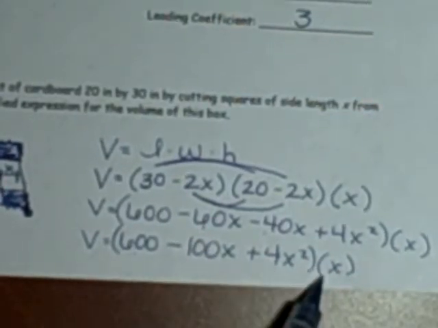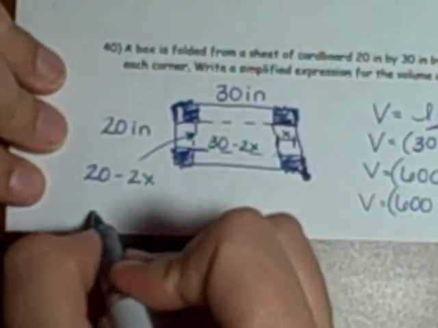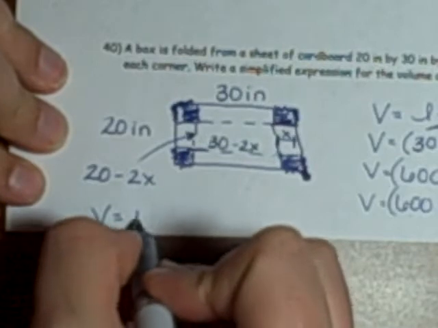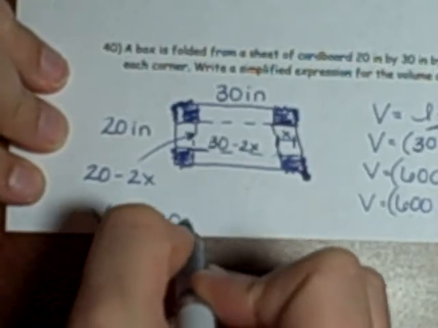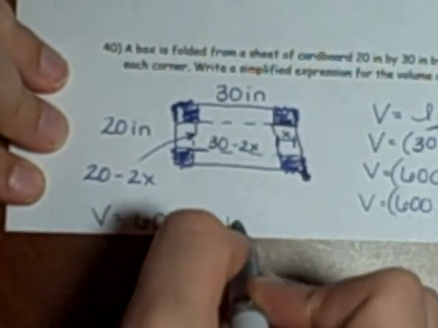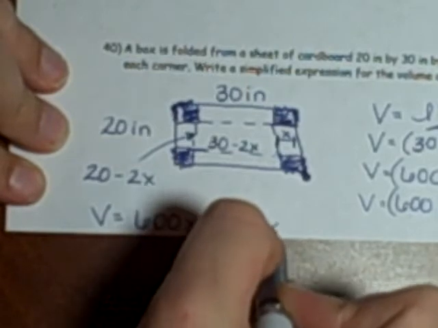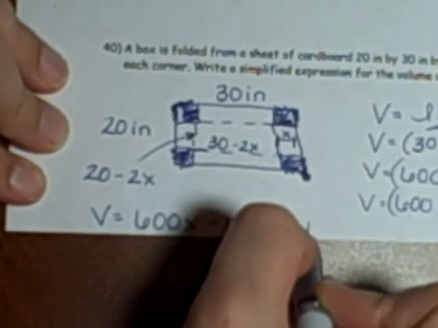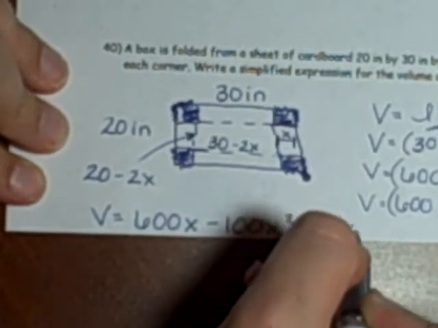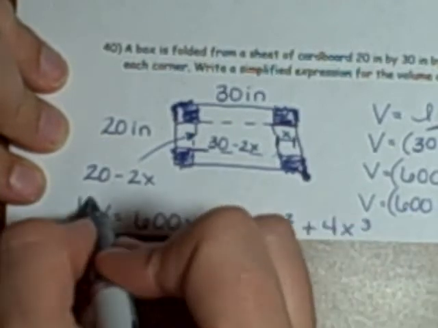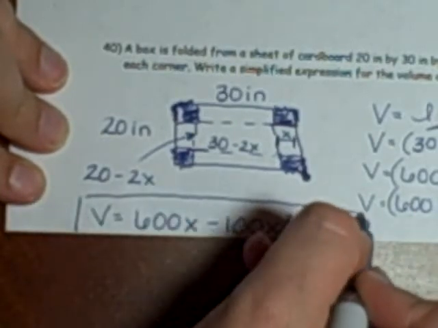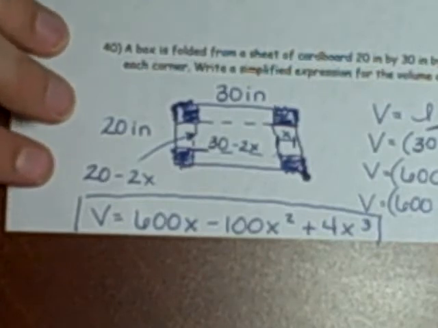And now, if I want to multiply everything through by this x, and I do have to distribute this x to everything, my final volume, and I squeeze it in over here, is going to be 600x minus 100x squared plus 4x cubed. And that would be my final expression right there.